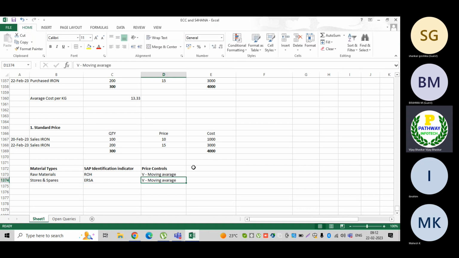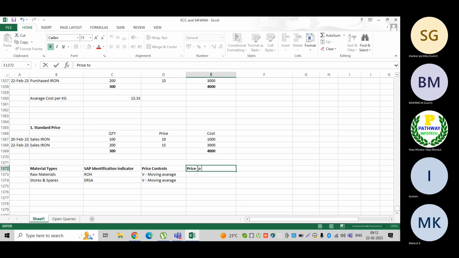Then here I will mention some description: the price to consider for valuation. Which price do we need to consider? Purchase price.